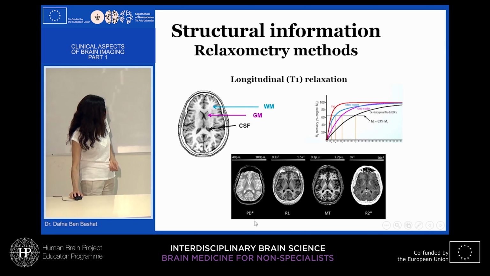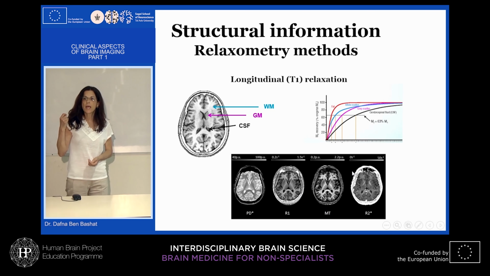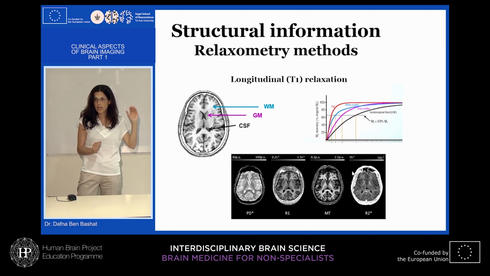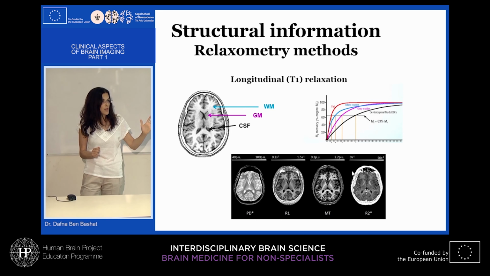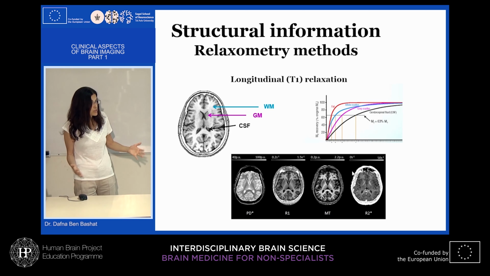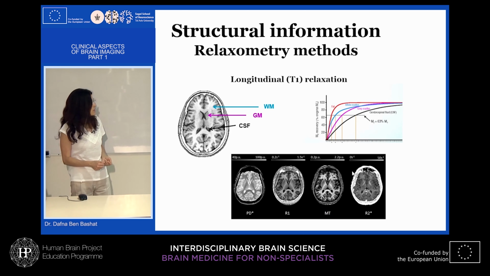These are images from what we call relaxometry methods, where we can detect R1, which is the inverse of T1, or proton density, and have a real measure that I can compare. He has a value of 760 milliseconds in this area, and this is an absolute value that is comparable across subjects and in longitudinal scans.